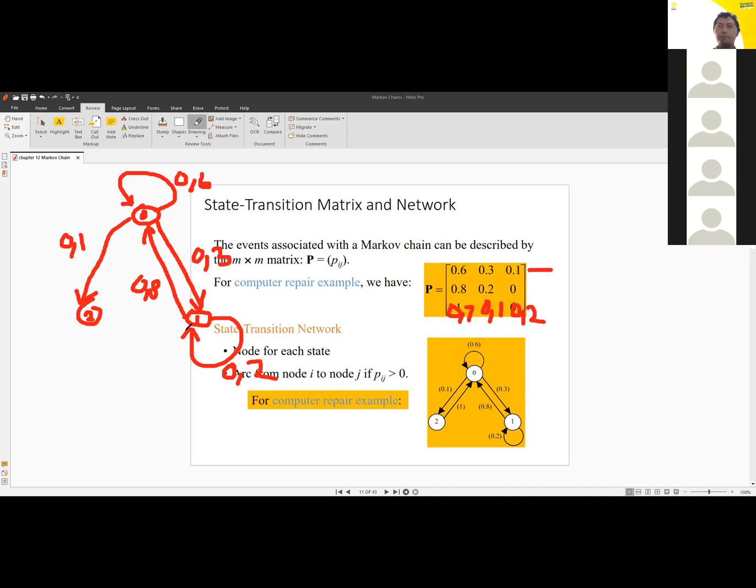The third row: 2 to 0 is 0.7, 2 to 1 is 0.1, and 2 to 2 is 0.2. Yeah, that's the answer.